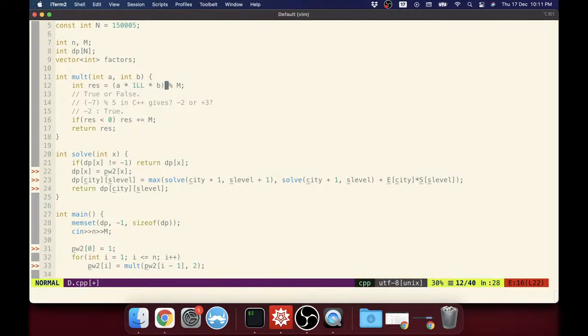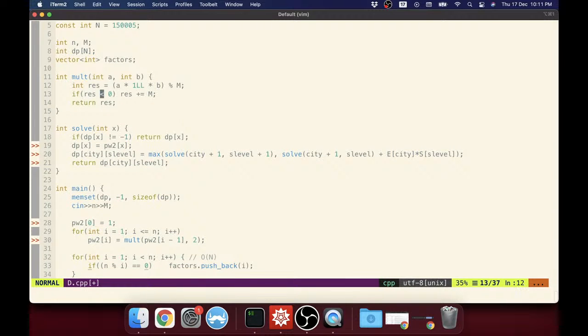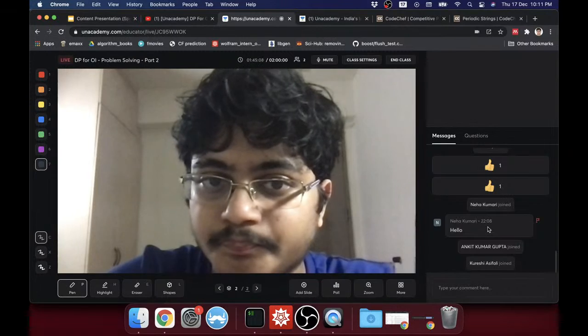And when this negative number is moduloed, it will still remain negative. That's a C++ thingy which you should remember. In maths, you generally don't say that the thing remains negative; you generally say it becomes positive. In C++, that doesn't happen. So you need to add this line 13 explicitly, that if the result is less than 0, then you should add the modulo there and then.